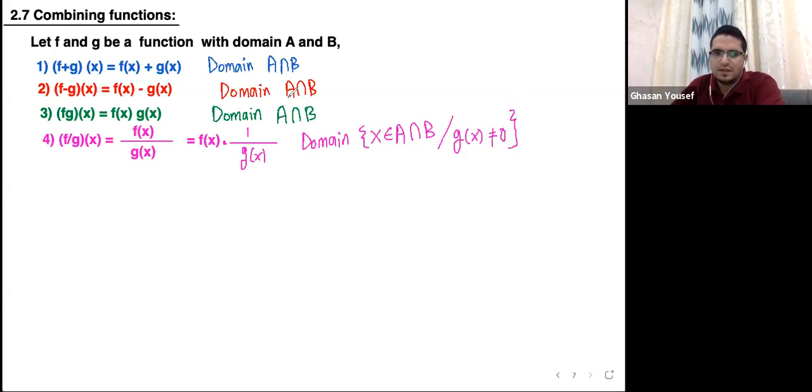This means the same domain as before, but we remove the zeros of the second function, because the function is in the denominator.